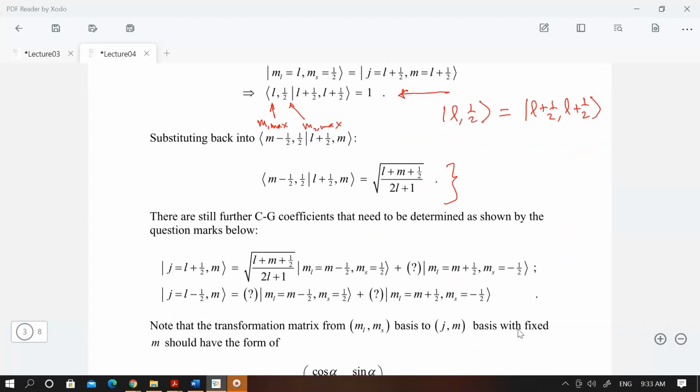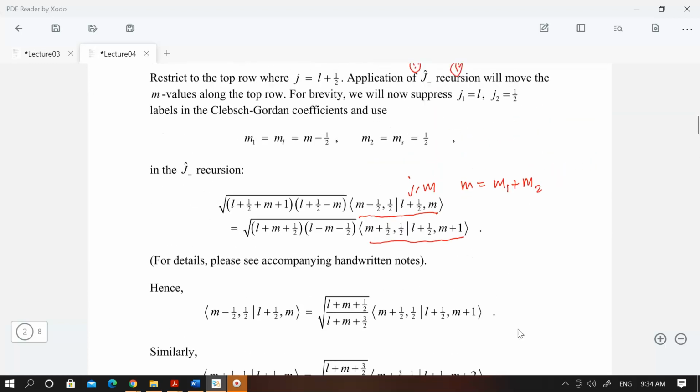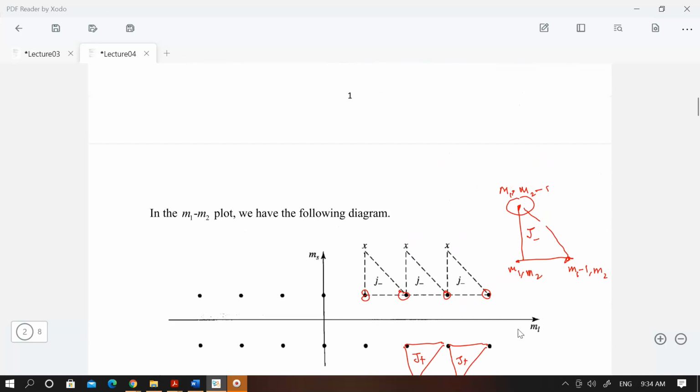The only problem with this condition is that you're only going from the top row. Remember, you start somewhere and then go from one state to another until you get the topmost state. So it is silent on what actually happens at the bottom state.